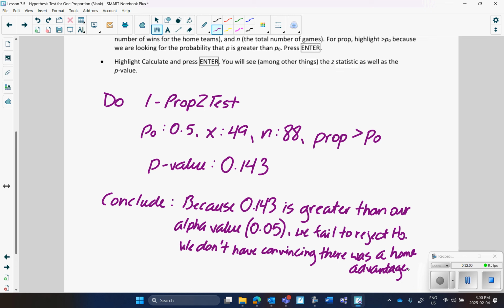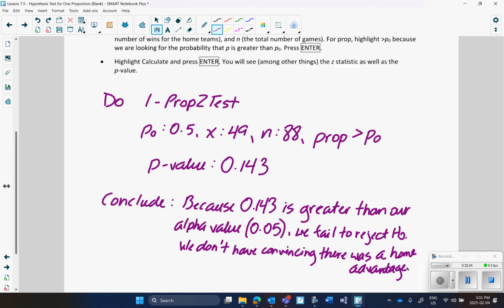Now, most of the ones we've been doing to this point, like when we set up our hypotheses, H0 is always going to be, when we do proportions, P equals whatever the status quo is. It's always P equals. The alternative changes. It's not going to be equals.